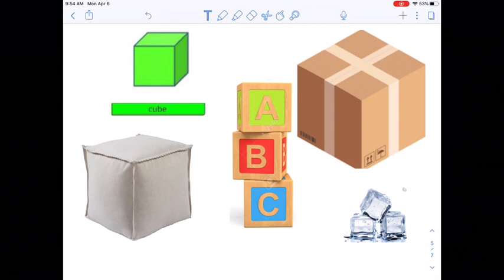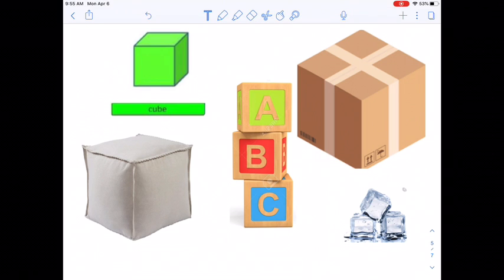So all of these are cubes, but they're all also rectangular prisms. And did you see that they're not all the same size? Did you see that they're not all the same color? And did you see that they're not all turned the same way? But they're still all cubes.